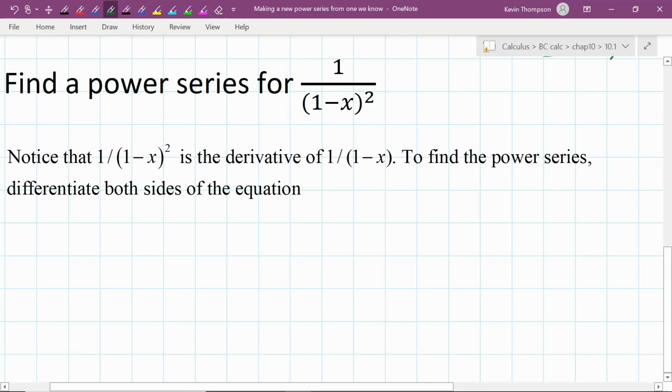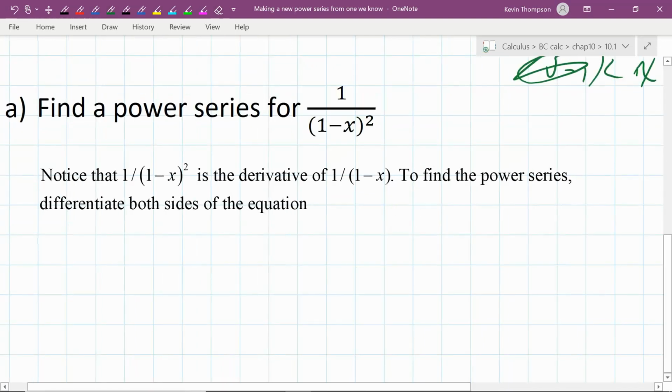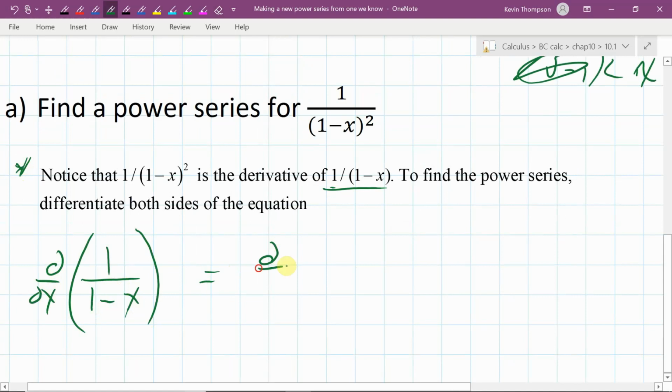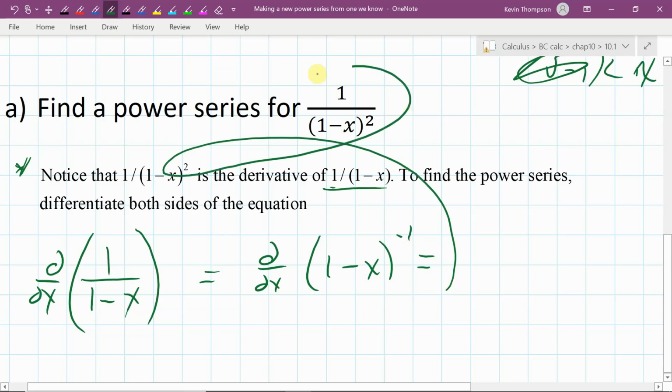But if we notice this statement, that the derivative of 1 over 1 minus x, if I would say take the derivative of that, so take the derivative of 1 minus x to the minus 1. Do you notice it's this?